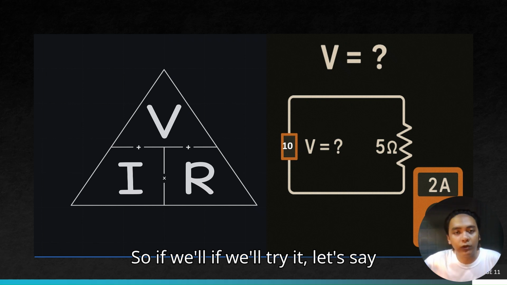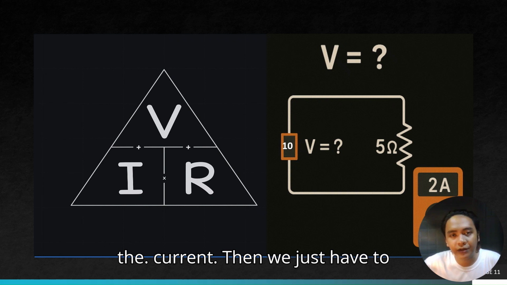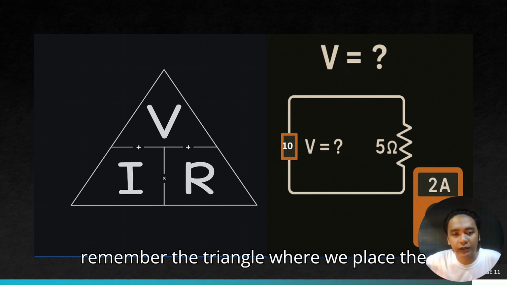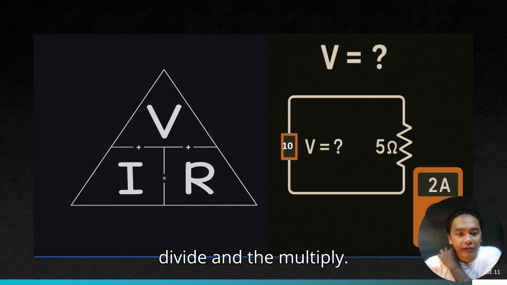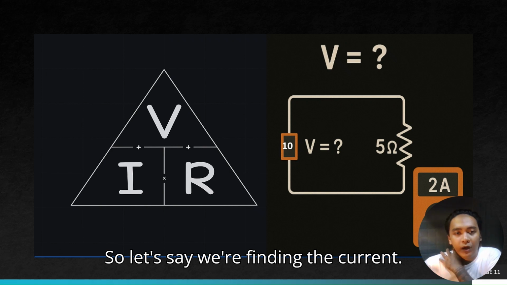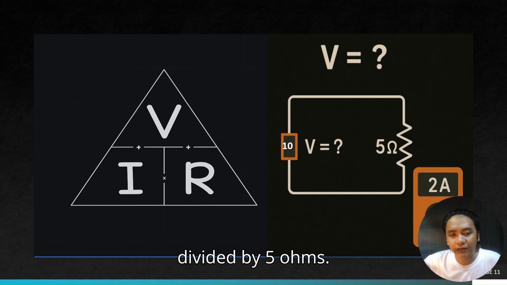So if we'll try it, let's say for example we're going to try to find the current, then we just have to remember the triangle where we place the divide and the multiply, right? So let's say we're finding the current. So that is current equals 10 volts divided by 5 ohms.